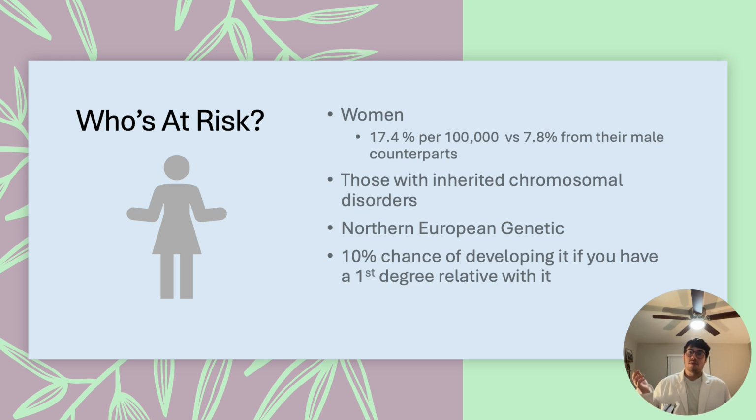Different chromosomes. So that leads into some of the theories on why people end up actually developing celiac disease, where people believe it's environmental factors, such as stress or your gut microbiota. Along with the chromosome disorders, we also see higher rates inside of those from Northern European descent.